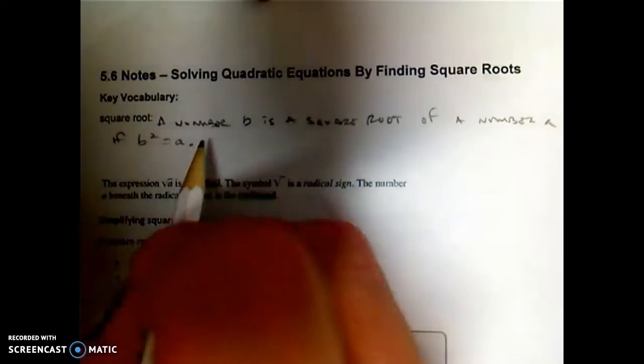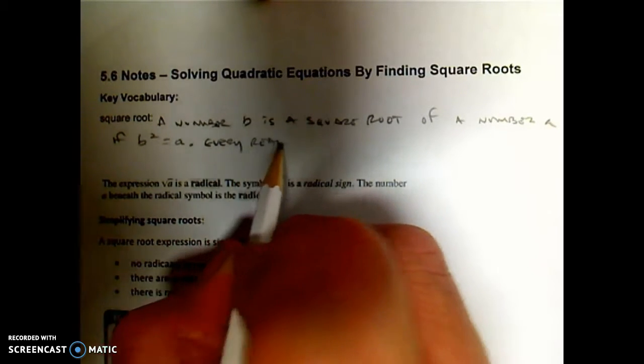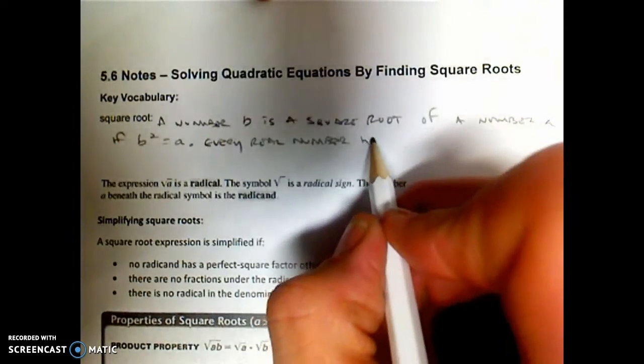Every real number is going to have two square roots, a positive root and a negative root.